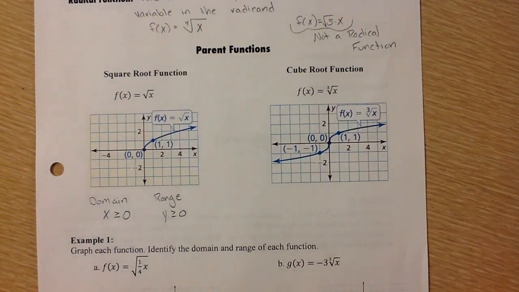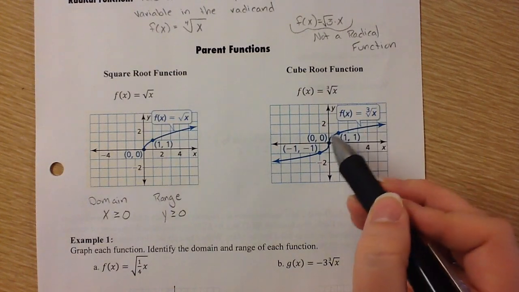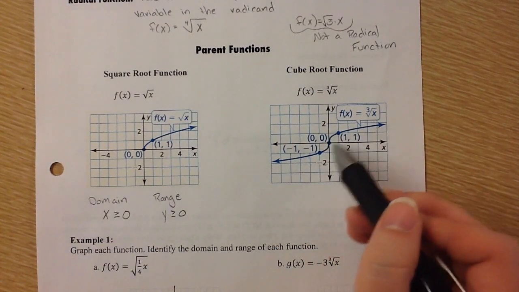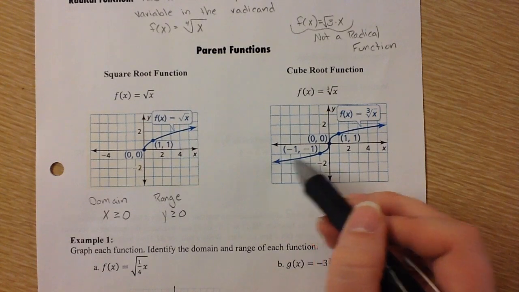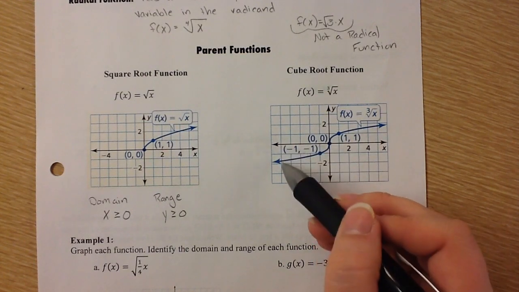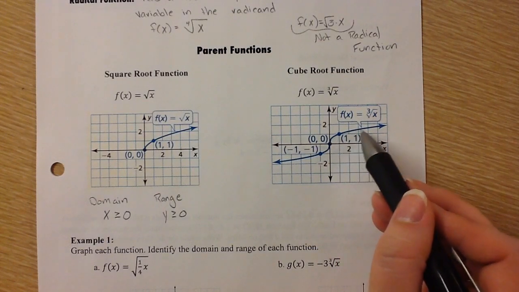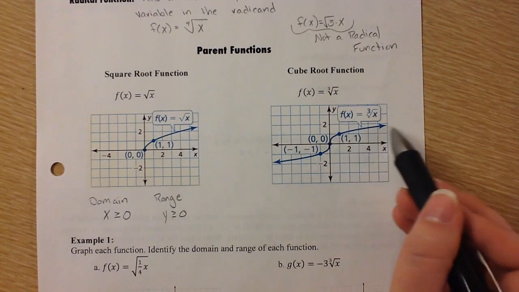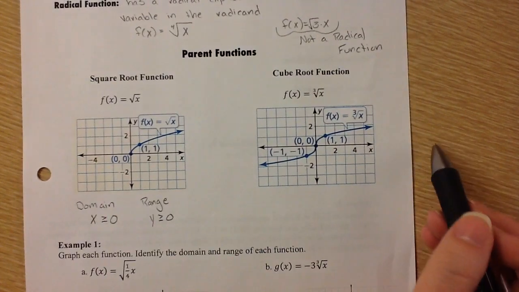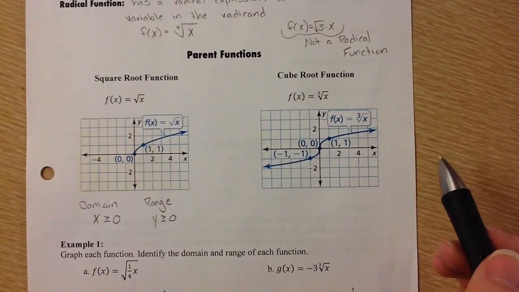Okay, our cube root function. Our cube root function is interesting in that we can put negatives into it, because I can take the cube root of negative 8, and it would give me negative 2. It doesn't go up as fast, because I need to put really, really big numbers in to get really, really big numbers out.